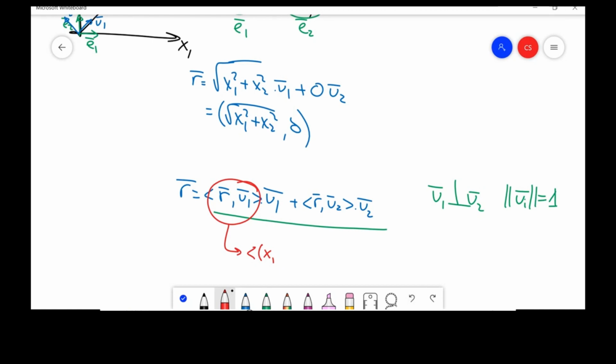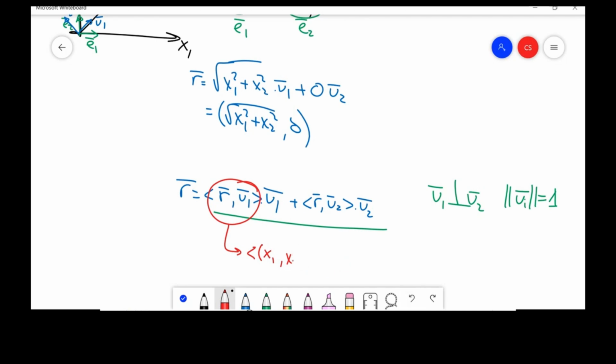Okay, so this is x1, x2 of the point. Let me not fiddle with numbers.